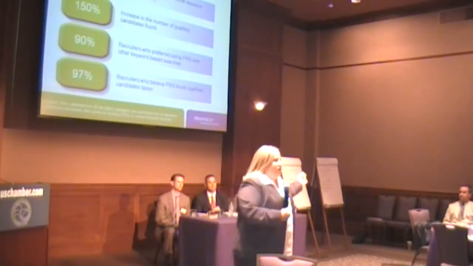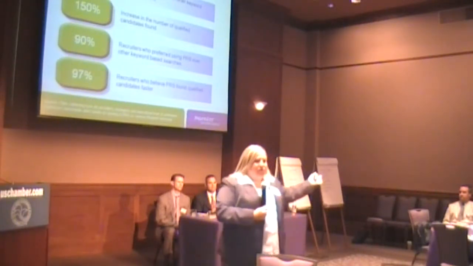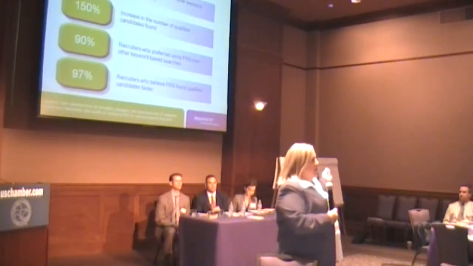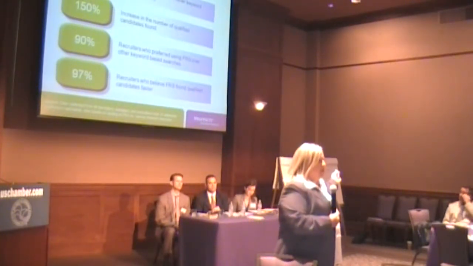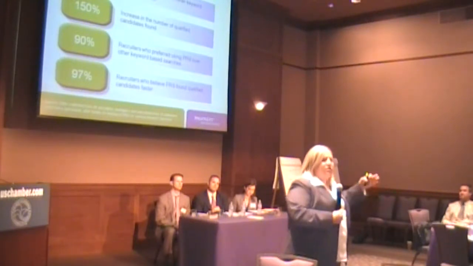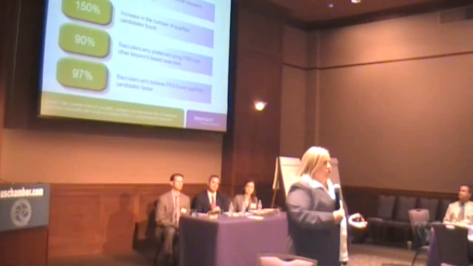So if I have an IT opening for a Java engineer, your recruiter goes through, they type in Java. Well, a recruiter doesn't necessarily understand the entire Java IT infrastructure. They may not understand that J2EE, Struts, Tomcat, all of these things are part of Java.